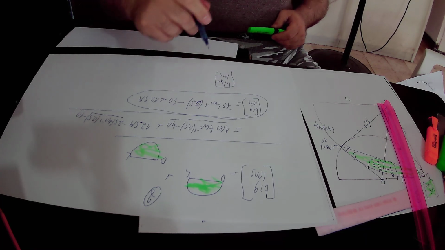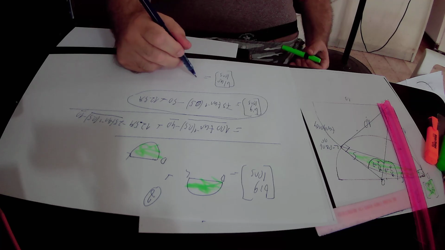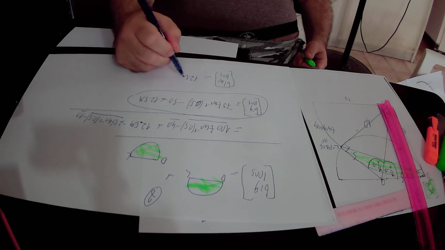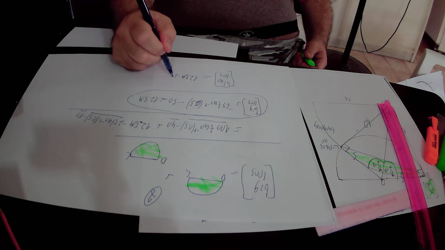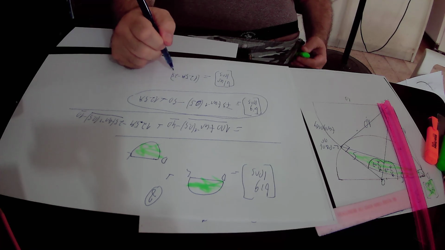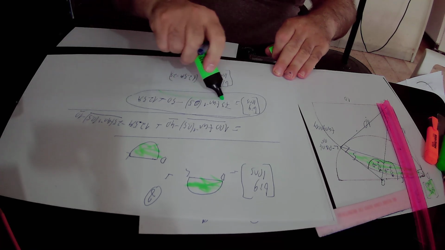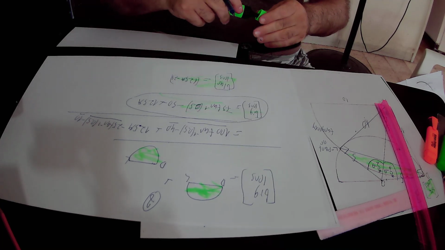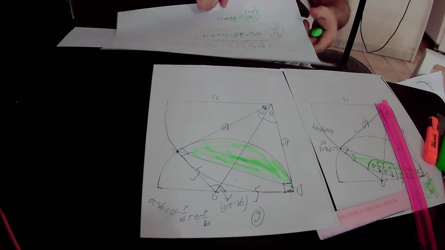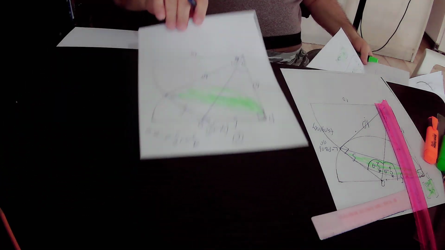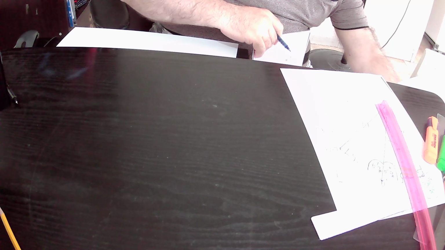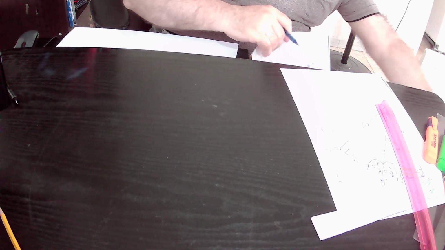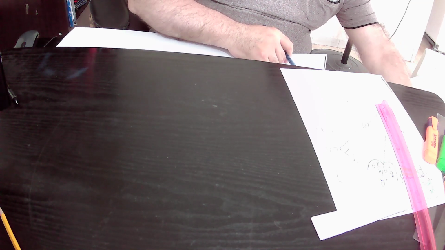equals 12.5 pi minus 25, and we know that the area of the orange shape is equal to the area of the big lens minus the area of the blue lens. I'll repeat again.